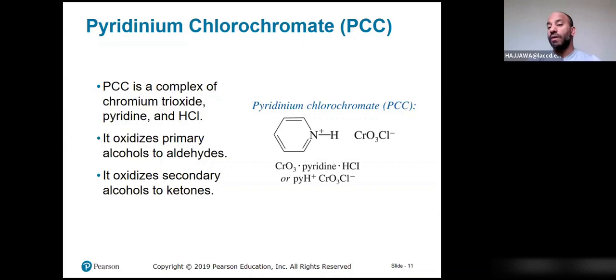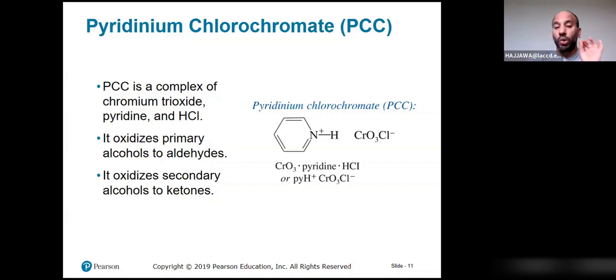In the PCC in front of us, we have chromium trioxide, HCl, and pyridine. We mix all these together and end up making a neutral oxidizing agent. This neutral oxidizing agent is not strong enough to take the primary alcohol all the way to the carboxylic acid.